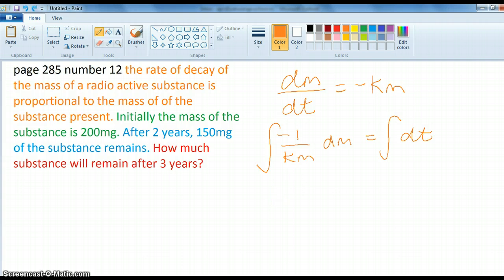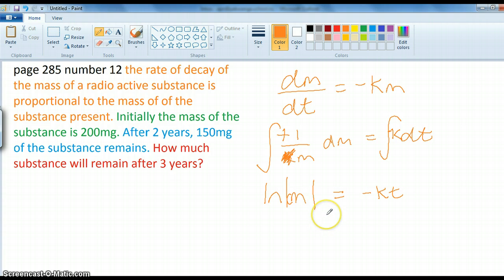I'm going to follow what's in the book, so I'm actually going to cross that k out there and leave the k here on this side, and I'll leave the negative k on this side because I'm following that particular thing. So I've got ln of m, and we've got a constant, so we better add the constant of integration in. So we're going to have Cm equals negative kt.